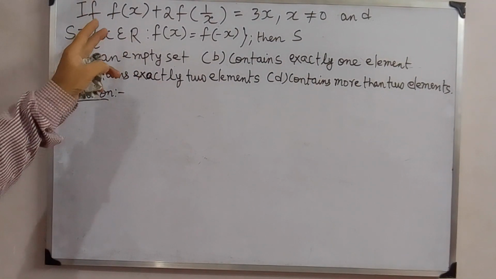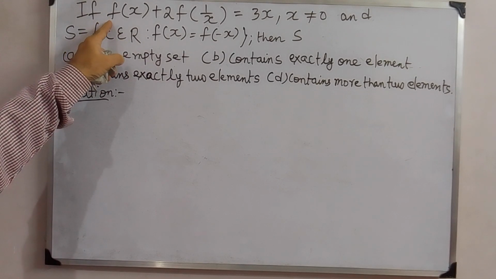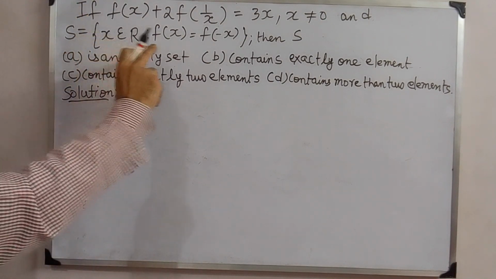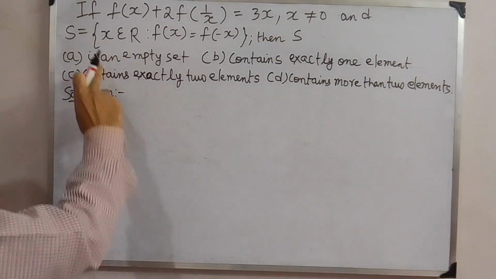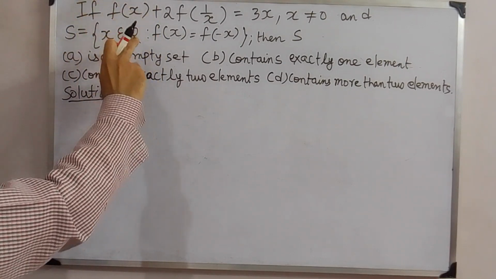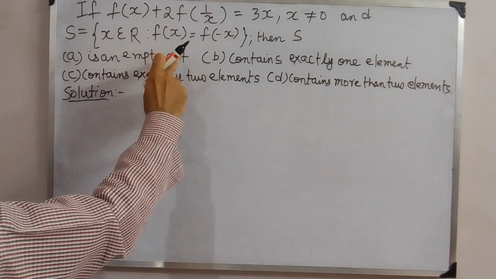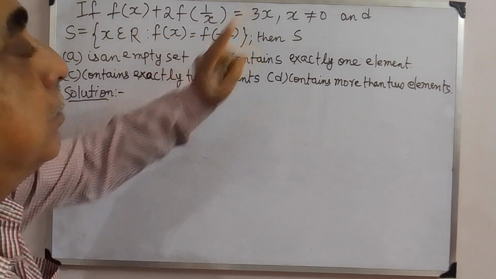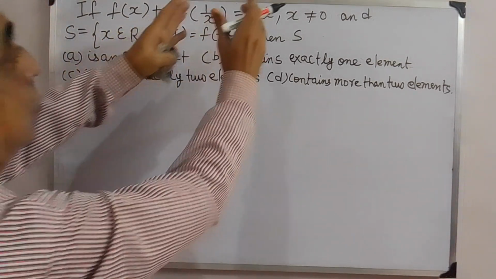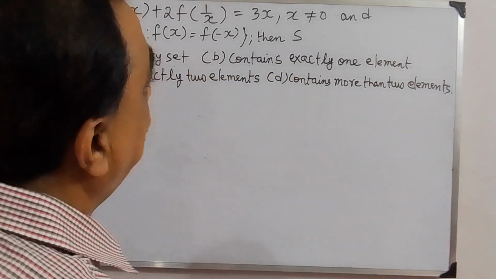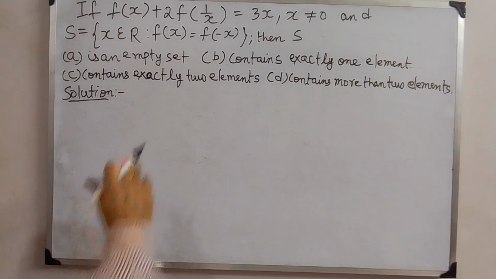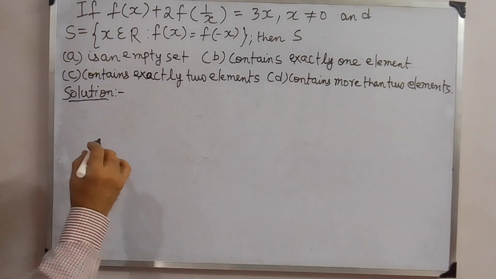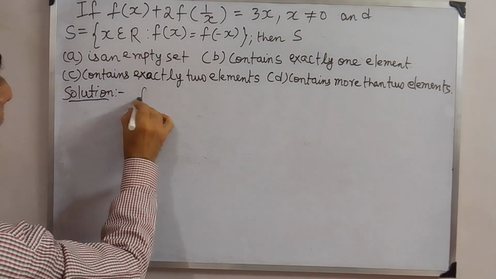We will express f(x): we will find two equations of f(x) in terms of x by using this relation, and then equate the right hand sides of both the values of f(x), and then we will get the values of x.